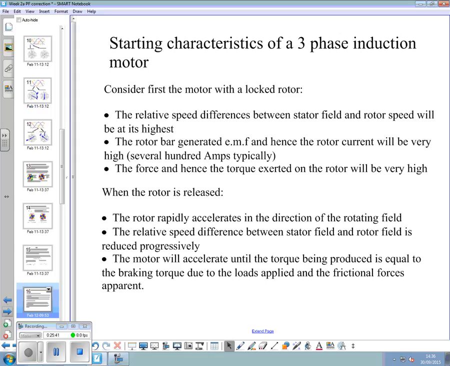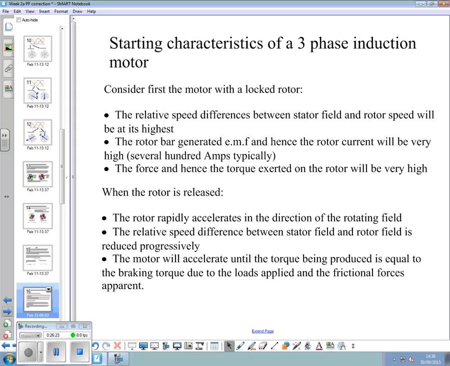The difference between the magnetic field speed and the rotor speed is as big as it's ever going to be because the rotor is locked. The rotor bars will generate an EMF, and hence the motor current will be very high, several hundred amps typically. So you're going to get a really high voltage and really high current flowing in the rotor if you lock it. The force and hence the torque exerted on the rotor will be very high under those conditions.